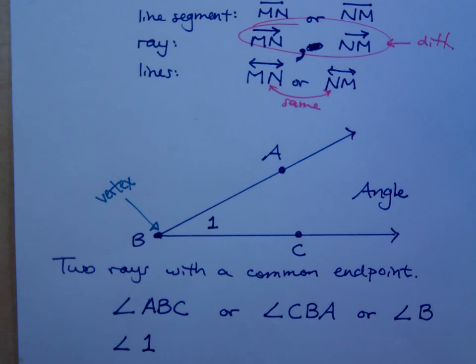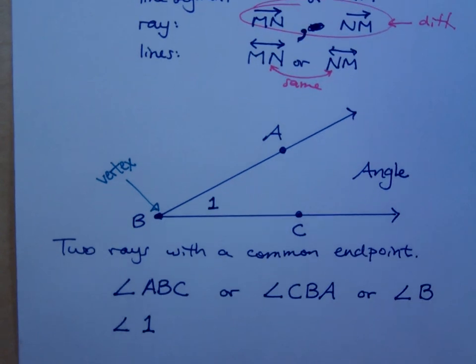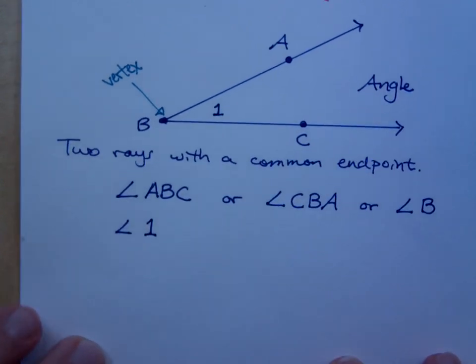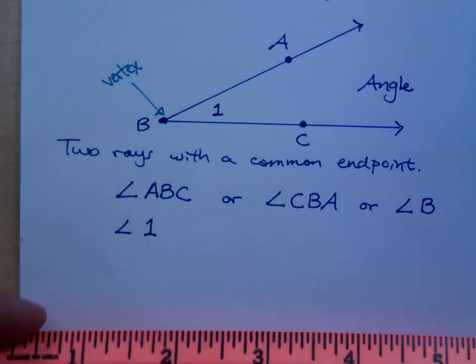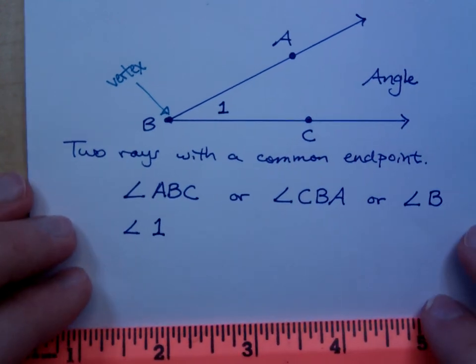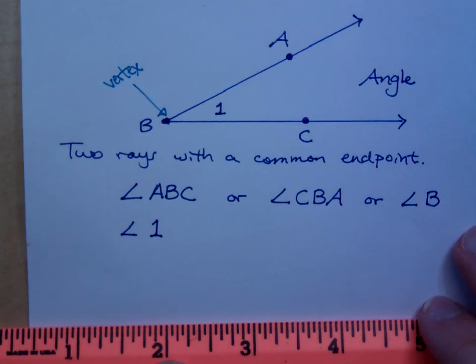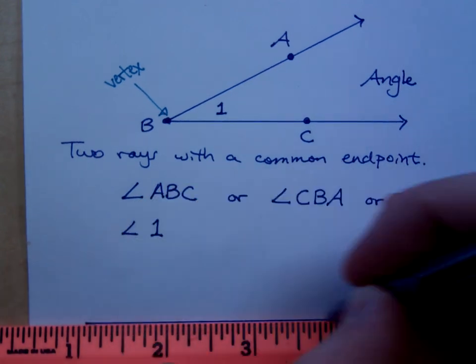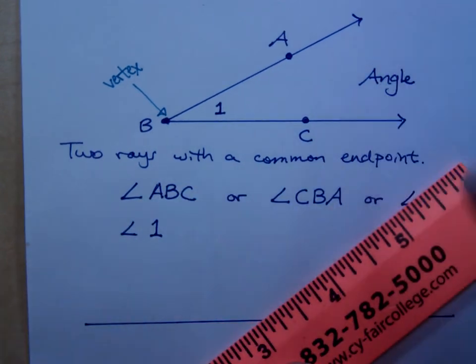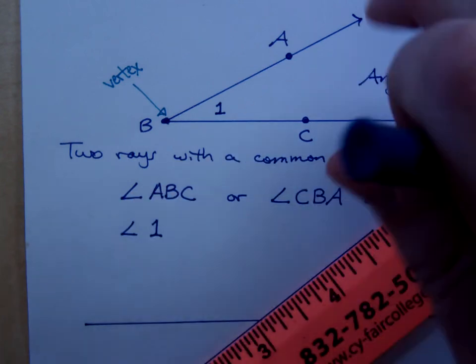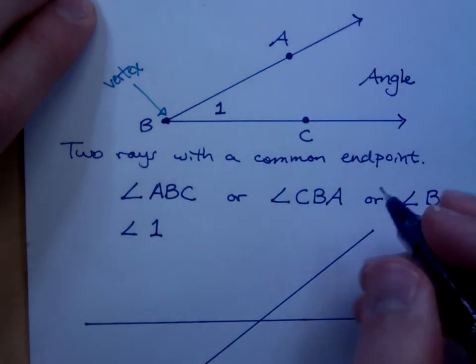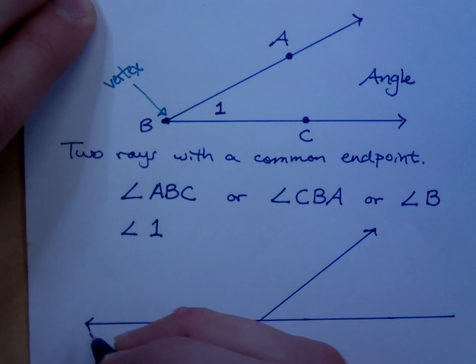Now the problem that we have is when we start putting multiple angles together, what does that look like? Well, let's do this. How many angles have I created here?